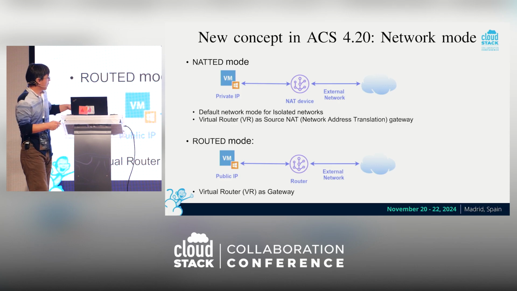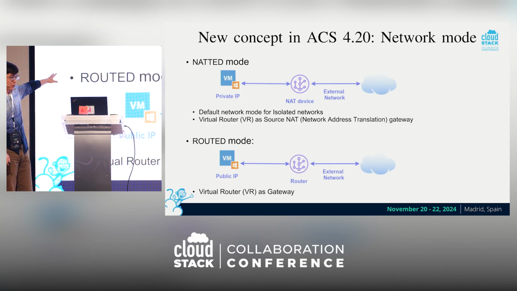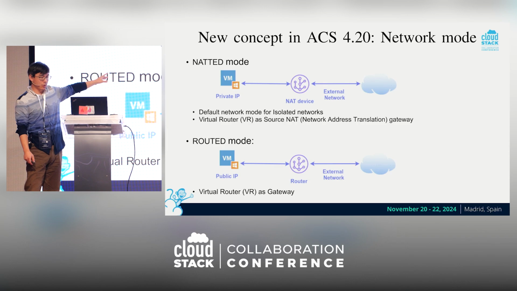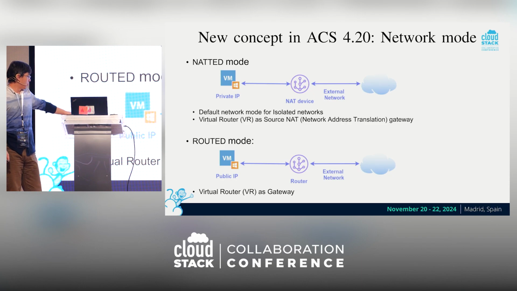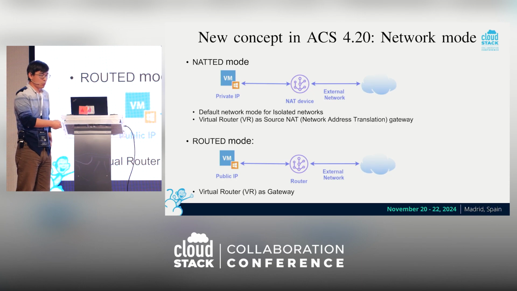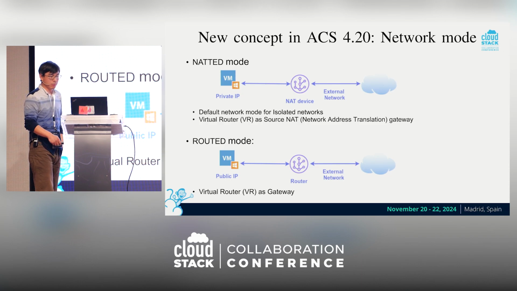So in our implementation, we use the CloudStack virtual router as the Source NAT gateway. The last one is routed mode. So here the VMs use public IPs and the CloudStack virtual router is just the gateway. So it's not the Source NAT gateway anymore.